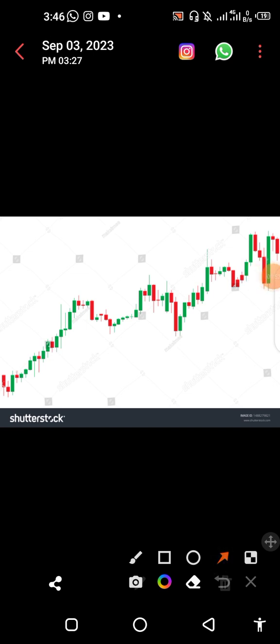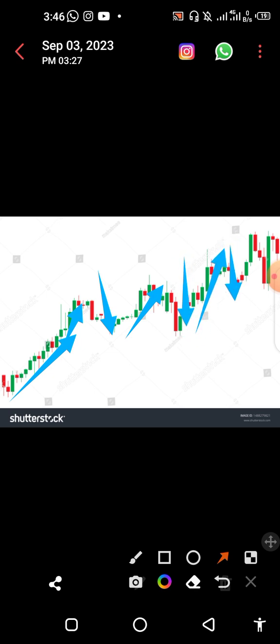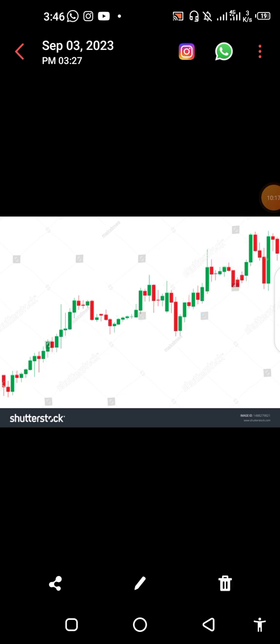Price is coming all the way from the bottom here. You see, price made an impulsive move to the upside, and here it retraced or corrected. Another impulsive move here, retracement, impulsive, retracement, impulsive, and impulsive. You see that? So that's how in an uptrend price seems to be moving.